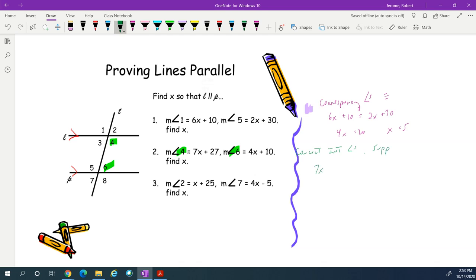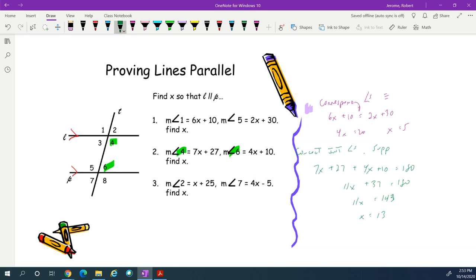So 7x plus 27 plus 4x plus 10 equals 180. And work it out. 37, 180, 11x. 180 minus 37 is 143. And 143 divided by 11 gives us 13.